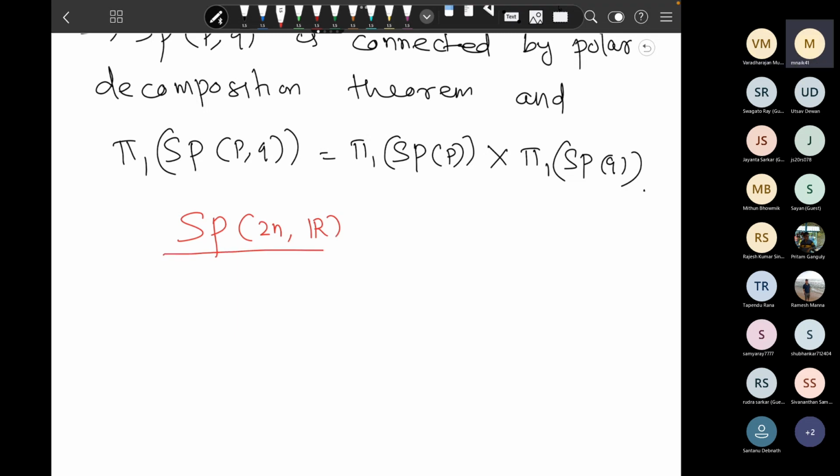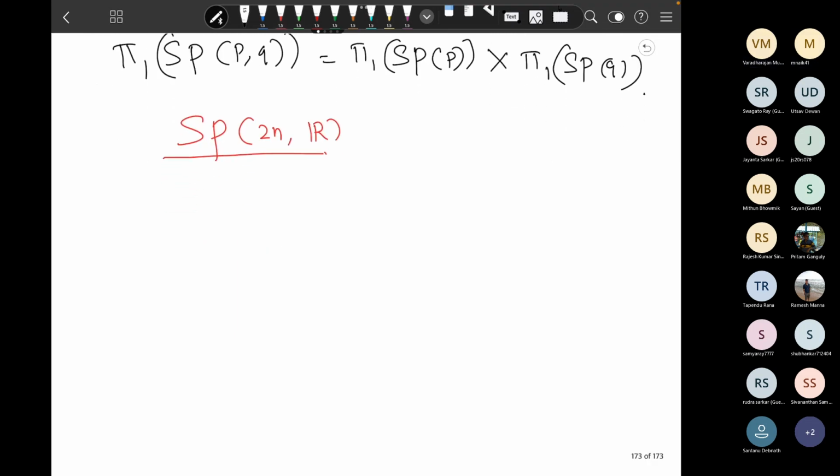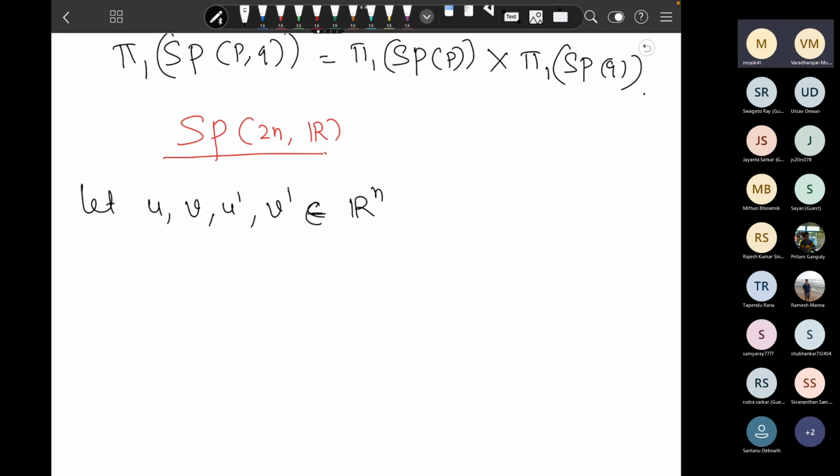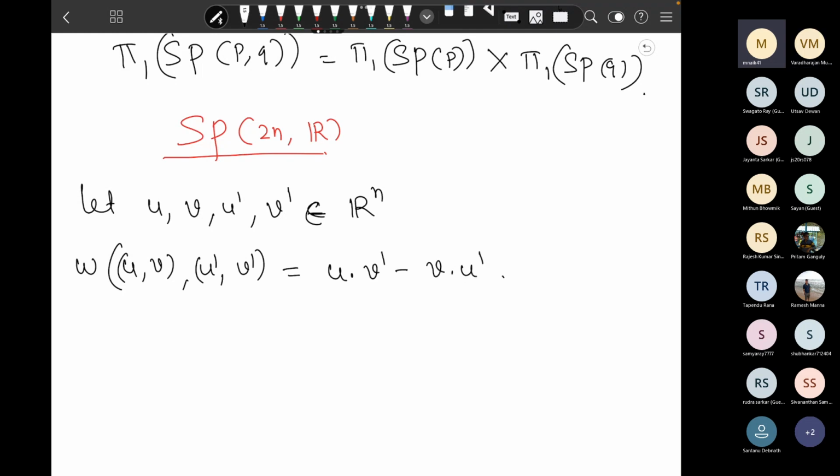I have told you that let u, v, u prime, v prime belong to R^n, and here is the symplectic form W of (u,v), (u prime,v prime) equal to u dot v prime minus v dot u prime.